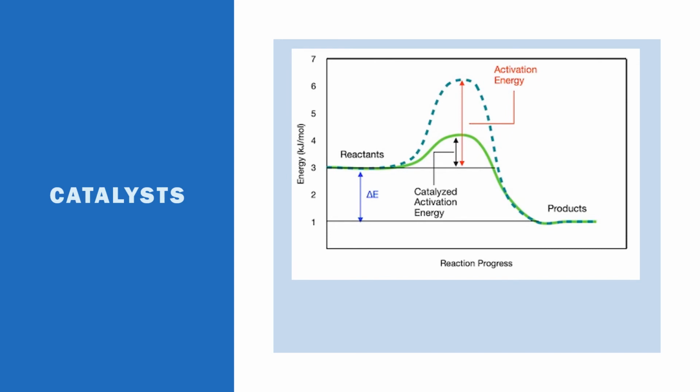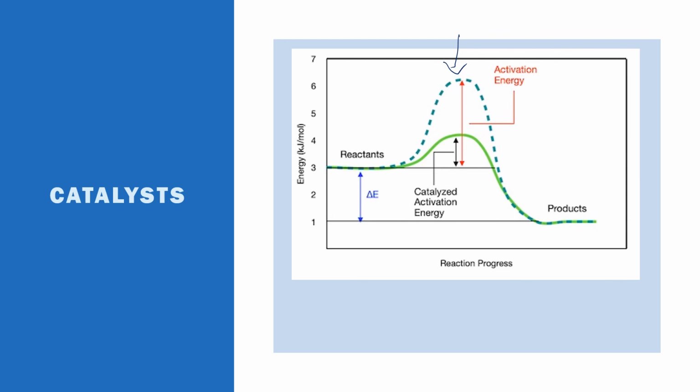So this dotted line here is the normal reaction. The green line here is the catalyzed reaction. So notice how the activation energy for the normal reaction is a much larger magnitude than the activation energy for the catalyzed reaction.